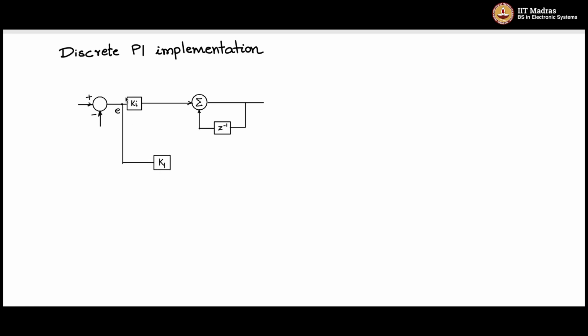So I have Kp, the error is taken through the Kp, and both the integral output and the proportional output are added up here. After adding, I will put one more summer here in case one wants to add any feed forward term, because remember that in the controller, in small signal control, the controller handles only the small signal. So to the small signal value you need to add the steady state value, and that would be the feed forward term.